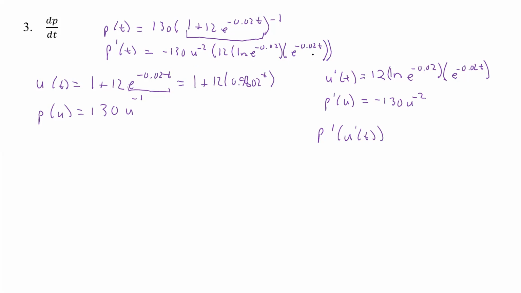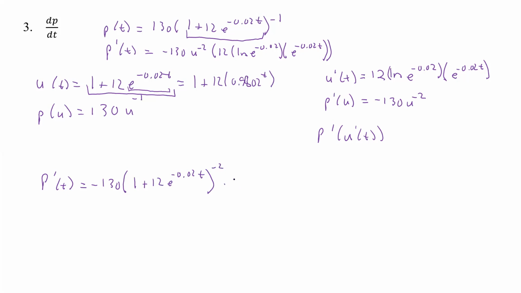Now, what does that give me? Well, I have t, which is good, but I've still got this u, and I need it in terms of t. So my p prime of t now is negative 130 times u, that is this whole piece here: 1 plus 12 e to the minus 0.02 t, to the minus 2.